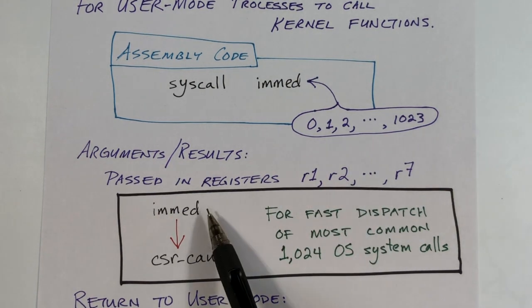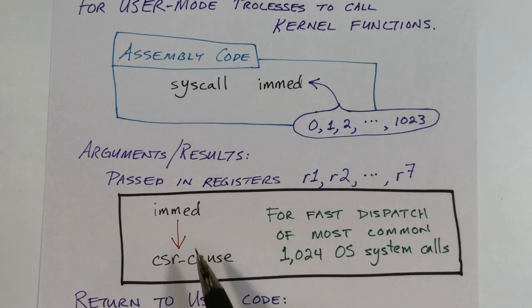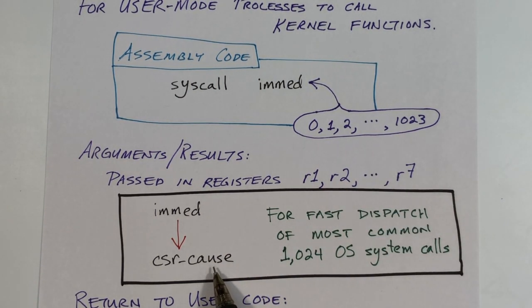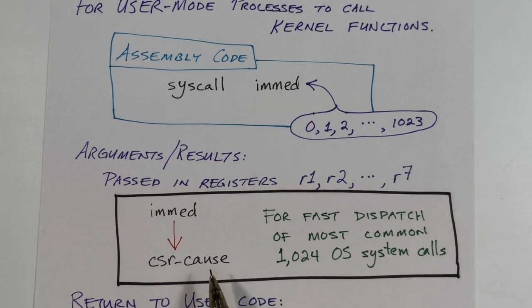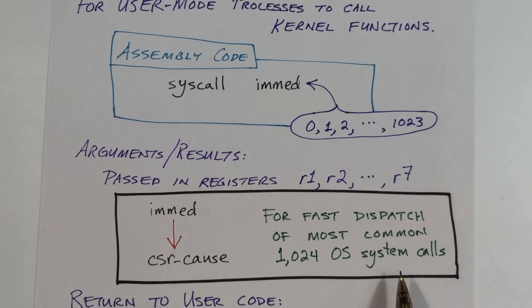So the immediate value that appears in the instruction is placed into the CSR cause register. Actually, it's multiplied by 8 to make the dispatching extra fast, but essentially that number goes into the cause register, and then the global dispatch will use the cause register's value to determine which function to jump to. So that makes it very fast to dispatch to the most common operating system calls.